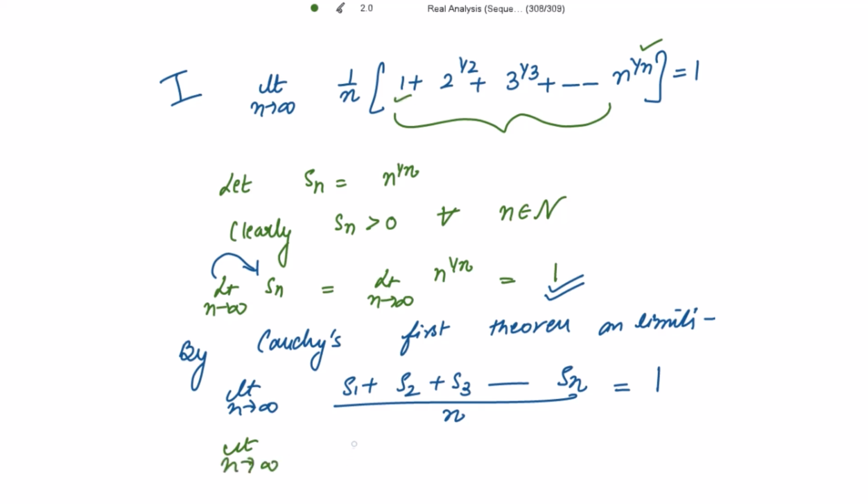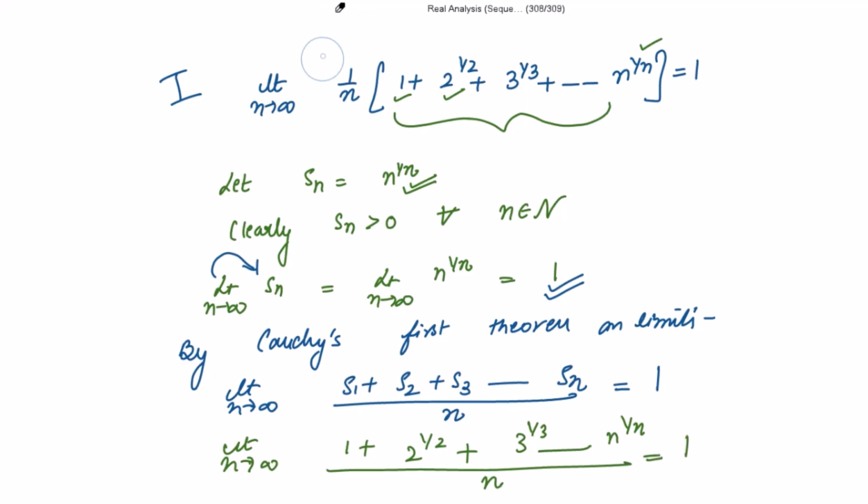It is 1. S2 is 2 to the power 1 by 2, you can put n equal to 2. Then S3 is 3 to the power 1 by 3, putting n equal to 3, and so on. Sn is n to the power 1 by n. So this divided by the number of terms, that is n, is equal to 1. So we have shown that the required limit is equal to 1.